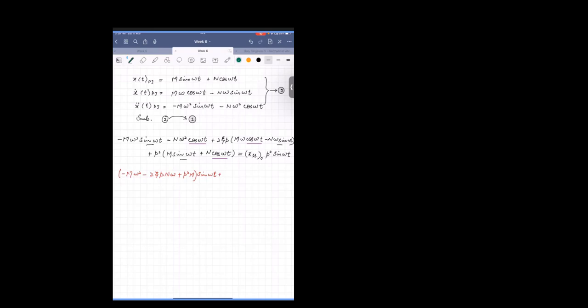Cos omega t is having minus n omega square, plus twice theta p m omega, plus n p square, and this whole is equal to x static naught p square sine omega t.